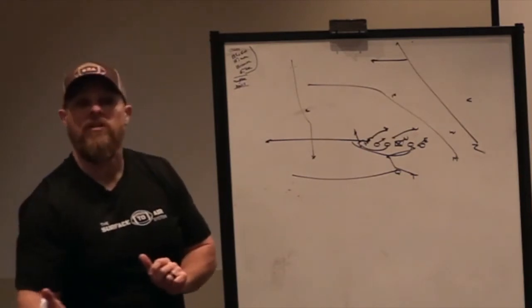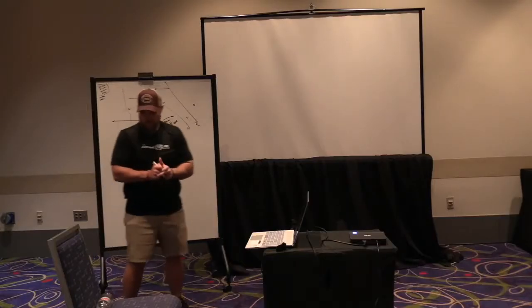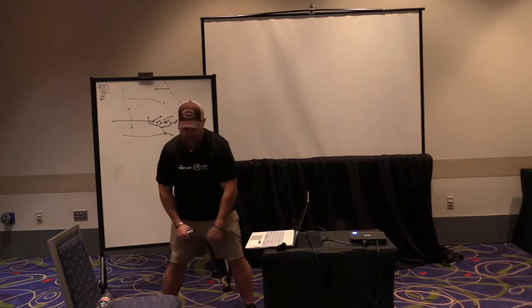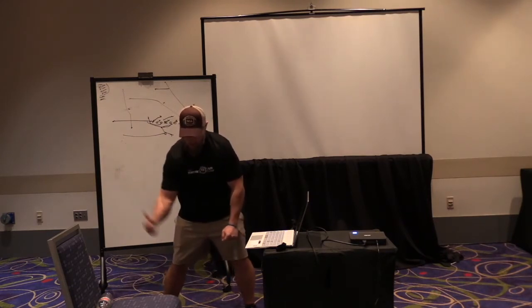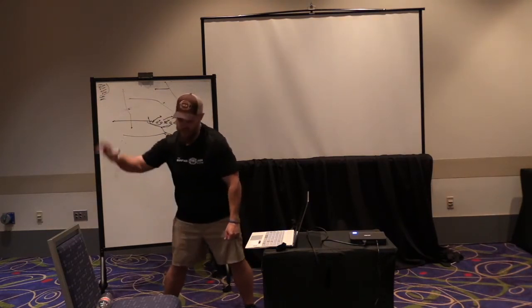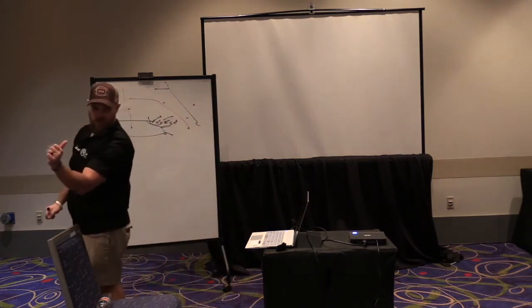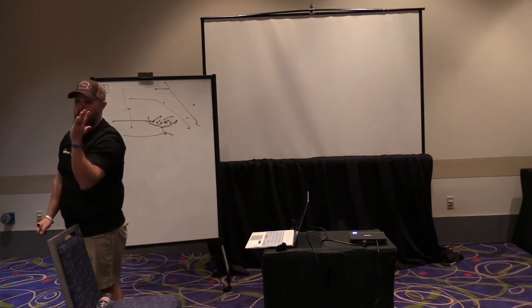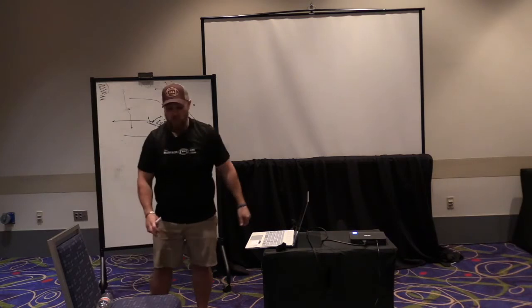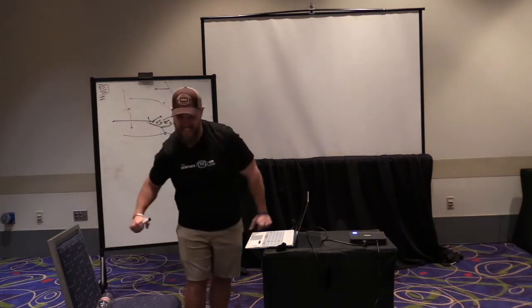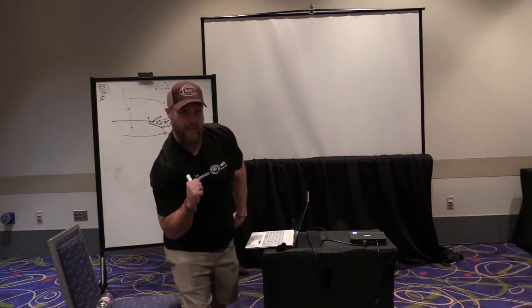And what's his answer to buck sweep, by the way? If I'm a 7 technique, there's a tight end, I'm a 7, and I'm feeling buck. I'm like, you know what? There's 2 ways I'm going to handle this. I'm either going to go here, which now I'm gap unsound, so let's just run some more power and buck sweep, or I'm going to try to fight, get skinny, get thin, and fight through it.